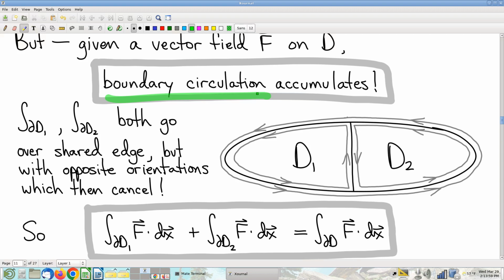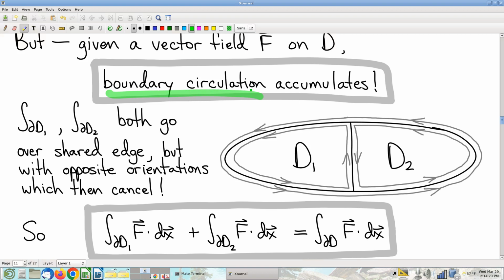What am I talking, there's a word for this. It's superfluous. Anyway, I don't technically need to say boundary circulation because by the definition, circulation is around a closed curve, which is a boundary. Anyway, I'm saying boundary here for emphasis. Boundary circulation is an accumulating quantity.